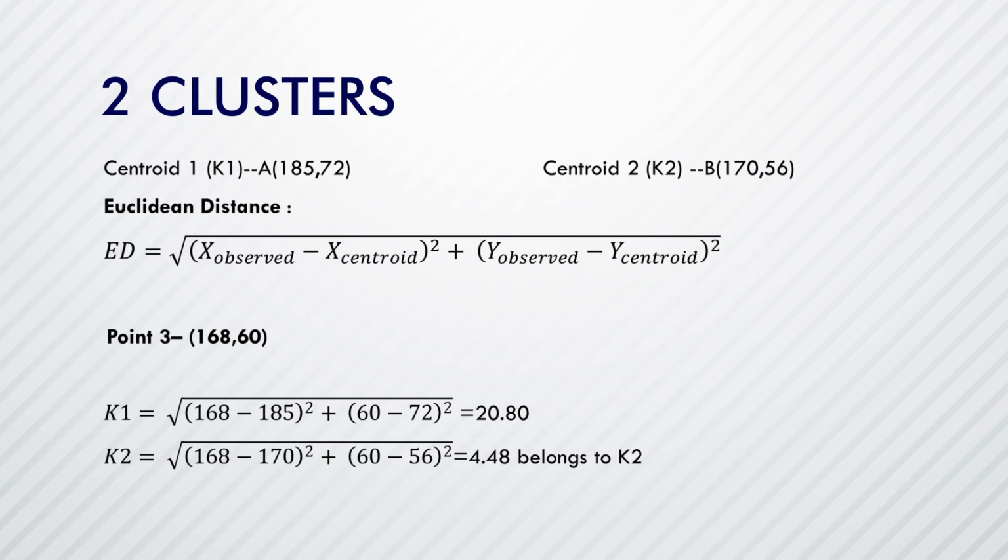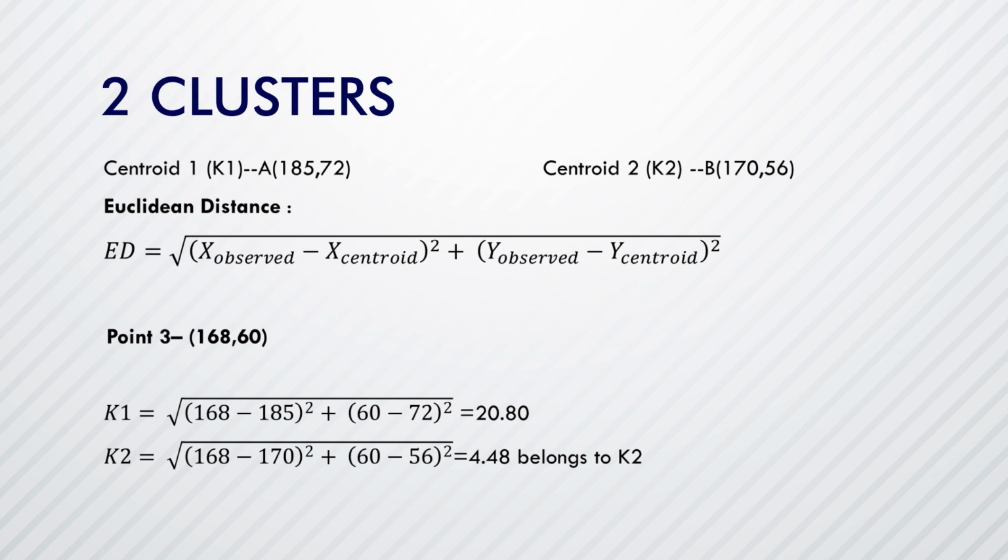You subtract and add, and it becomes 20.80. The same thing is performed for the second centroid. Everything is similar, only the x and y centroid change to 170 and 56. This value comes to 4.48.